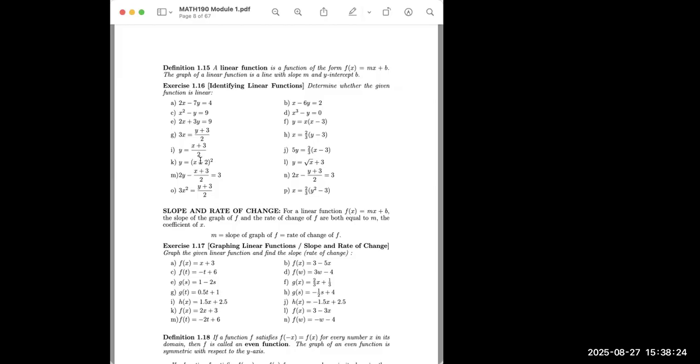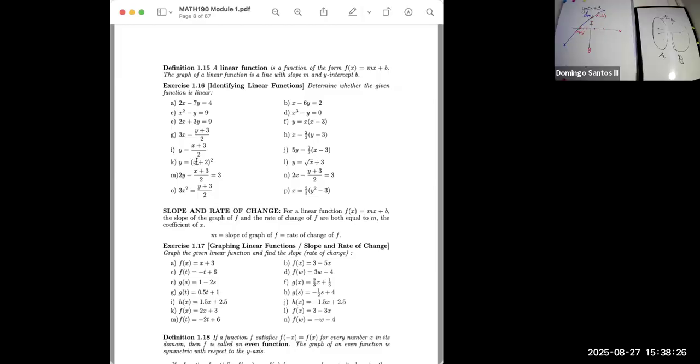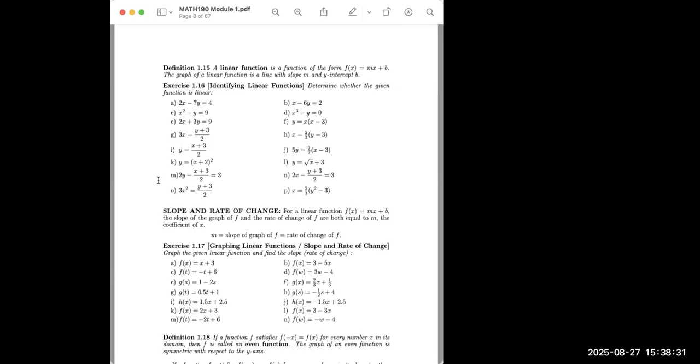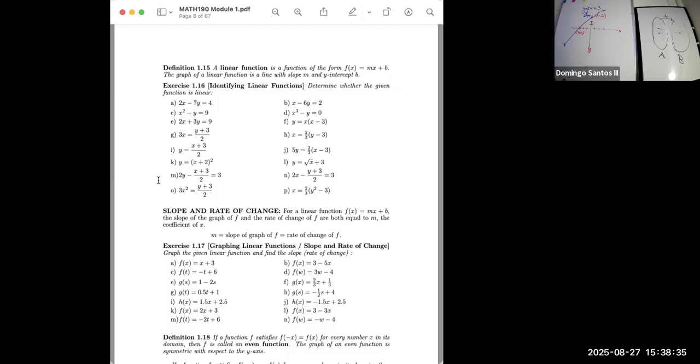Which would make the exponent of one of the x's to be 2, which is not a line. Letter M, please. Yes, it is. Very good. Letter O. No. Very good, because this would actually be a parabola.